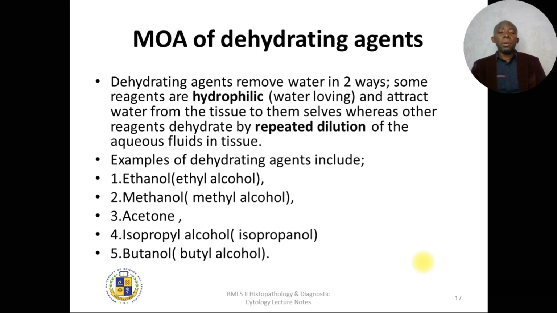But briefly, to talk about the mode of action of dehydrating agents, we shall mention a few. Here we look at dehydrating agents which remove water in two ways. Some of the dehydrants are hydrophilic, which means they are water loving, so they attract water themselves, and that is how they remove water from the tissue.